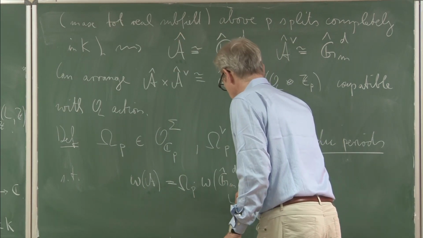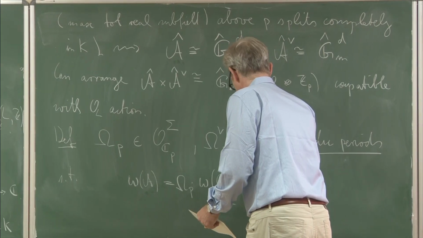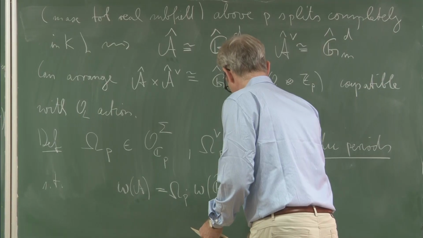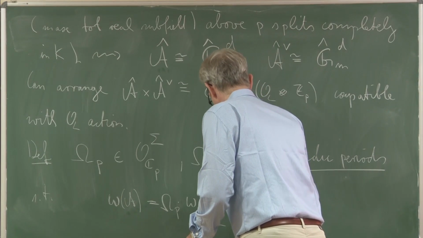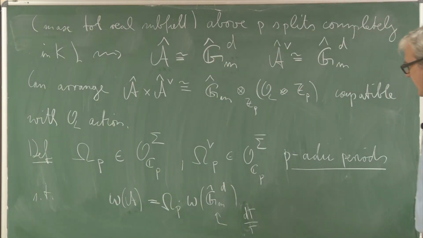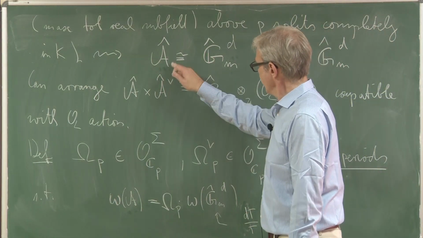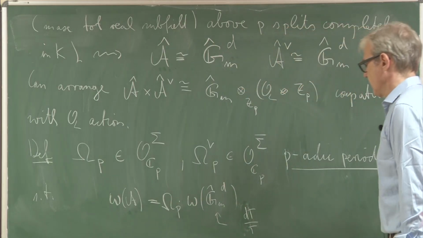And here you have a canonical differential, which is just dt divided by t. So that's the canonical differential here. So now, via this isomorphism, you have two differentials, and you compare them, and you get the periods.